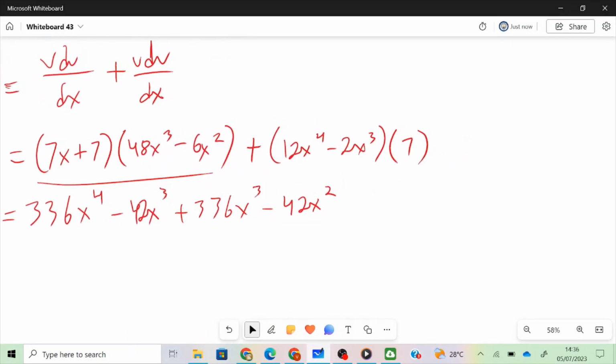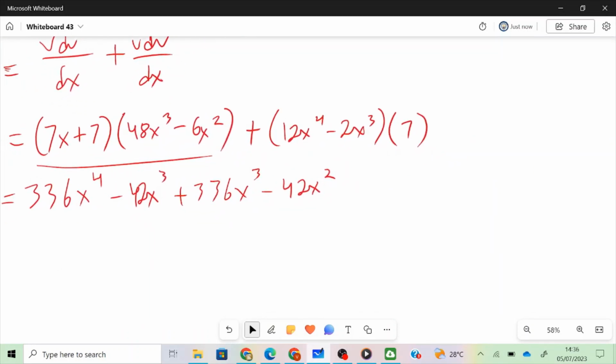And taking care of the other side, plus, let's use our brackets just to make sure we don't get confused with the signs, 7 times 12x to the power 4, that's 84x to the power 4, and then minus 14x to the power 3.